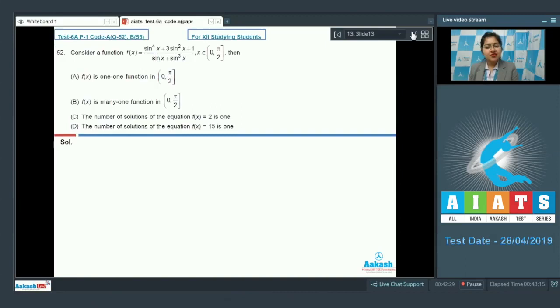It says that consider a function f(x) equal to (sin^4 x + 3 sin^2 x + 1) upon (sin x + sin^3 x). Now we have to find the type of function it is, and we have to find the number of solutions.